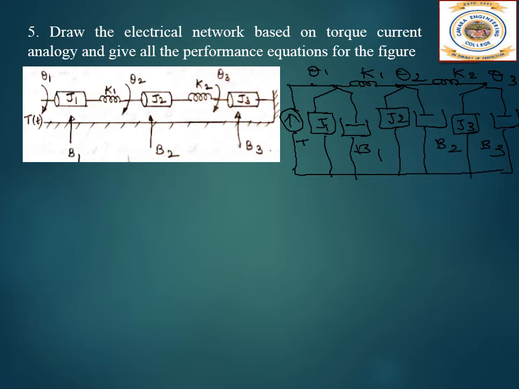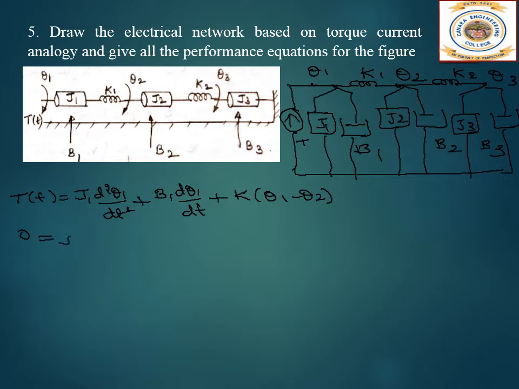So node 1, T of t is equal to J1 d square theta 1 by dt square plus B1 d theta 1 by dt plus K1, which is between two nodes, so it will come theta 1 minus theta 2. Equation 1. Node 2, theta 2, 0.